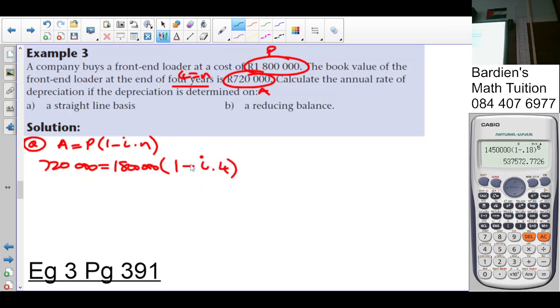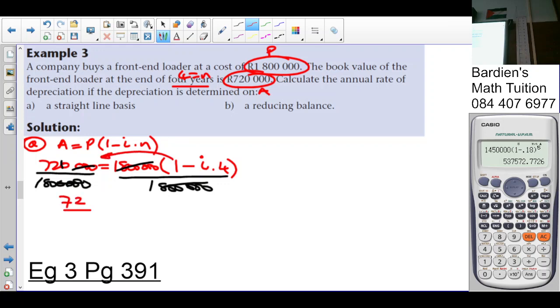So the first thing we need to do is divide by 1.8 million, 1,800,000. That cancels. So what do I do thereafter? Take the 1 over, so it's 72 over 180 minus 1. So then what I am left with is negative 4i.